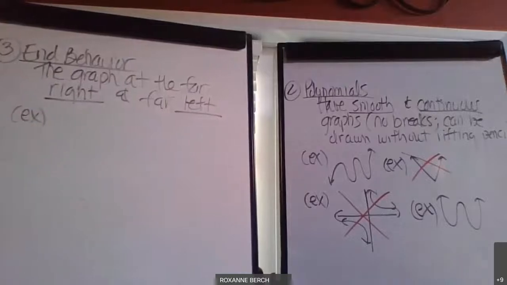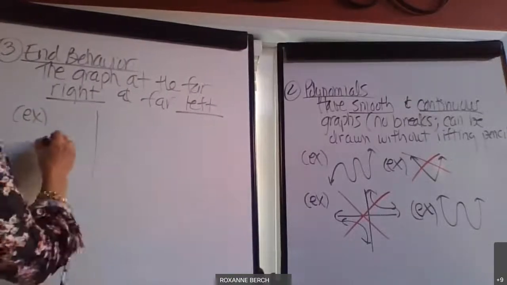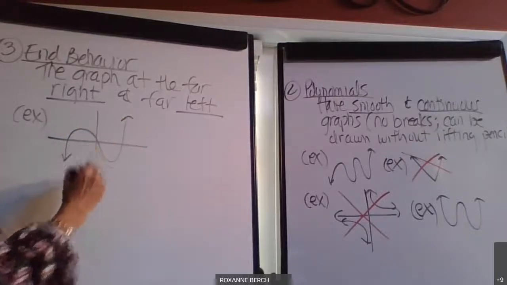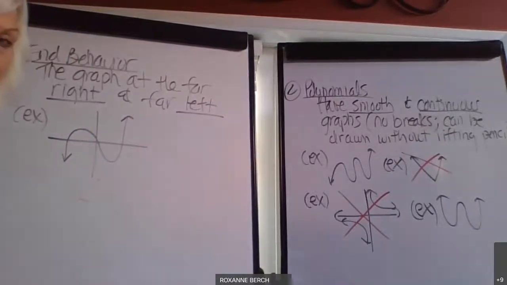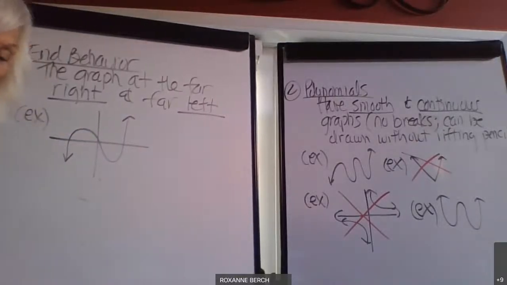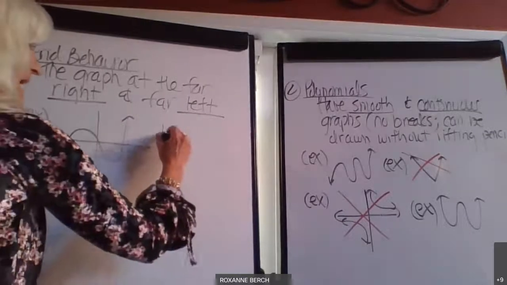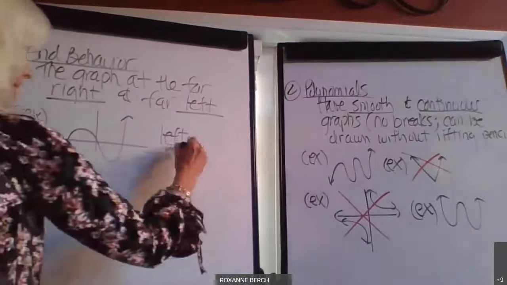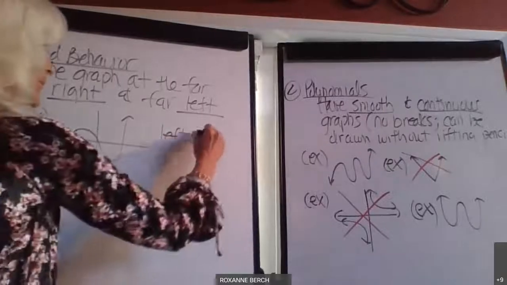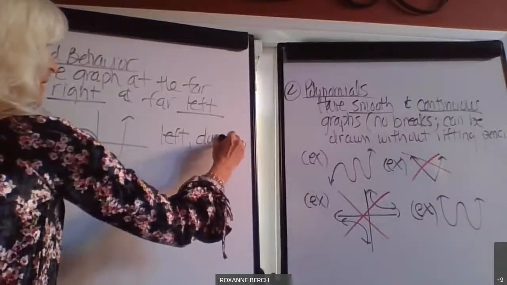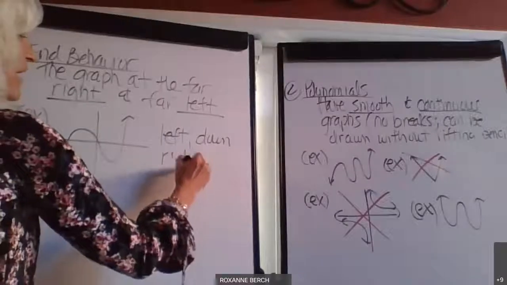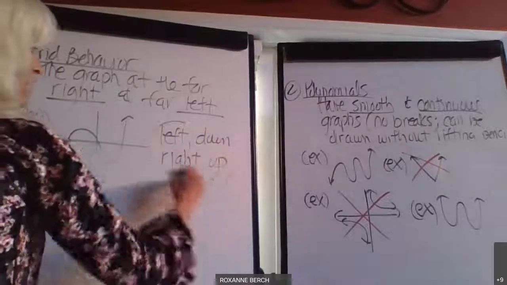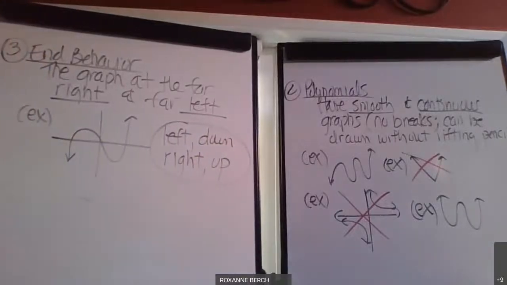So for example, if I gave you this and I asked you what's the end behavior, you would say on the left, what is it doing? Is it going up or down on the left? Forever going down. And what's happening on the far right? It's going up. That's the end behavior.